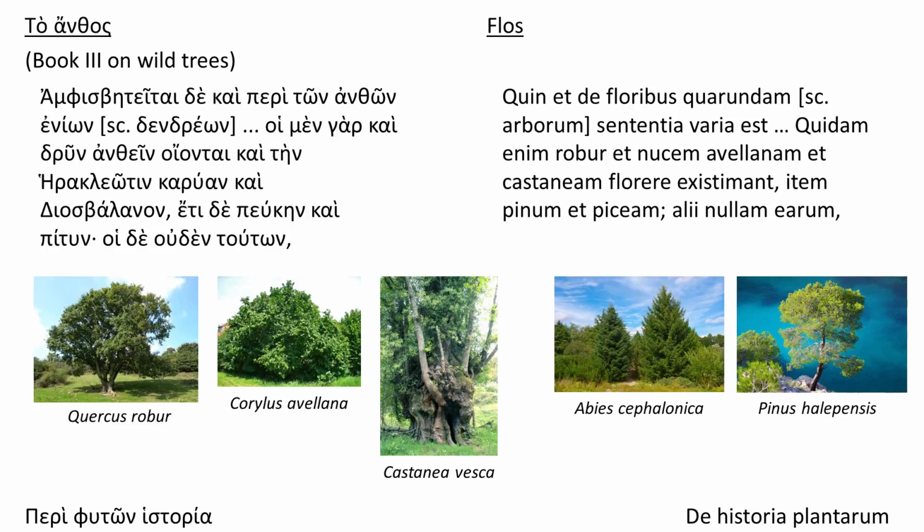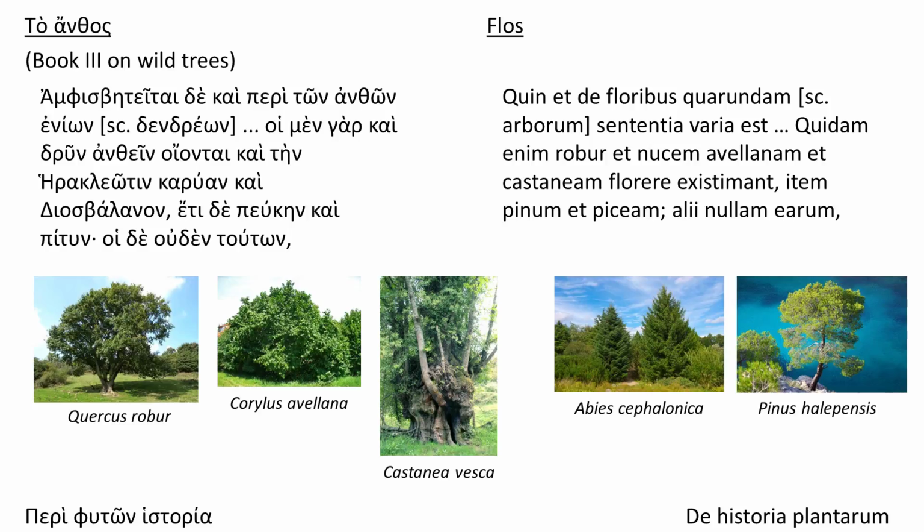There is also a debate about the flowers of some trees. Some think that the oak bears flowers, and also the hazel, the chestnut, and even the fir and Aleppo pine. Quin et de floribus quarundam sententia varia est, quidam enim robur et nucem avellanum et castaneam florere existimant, item pinum et piceam.